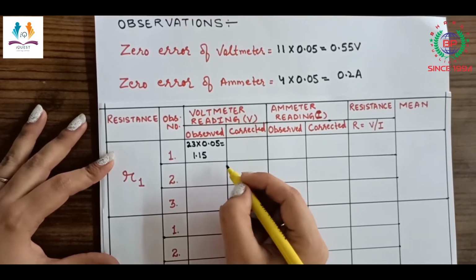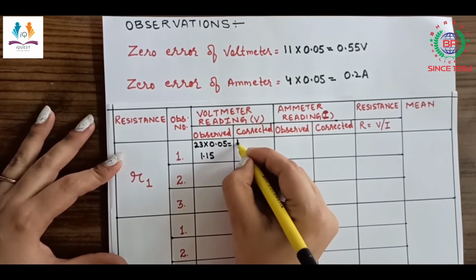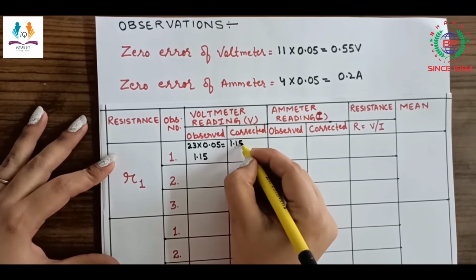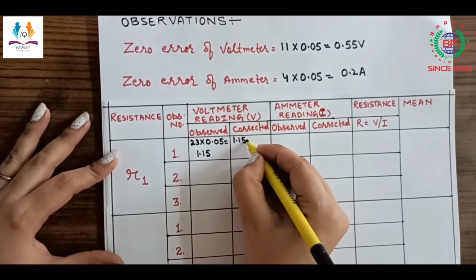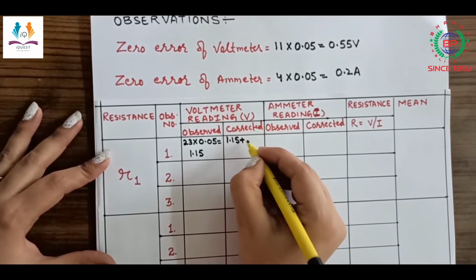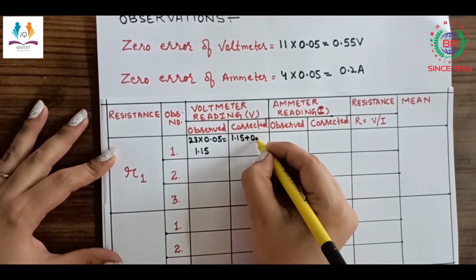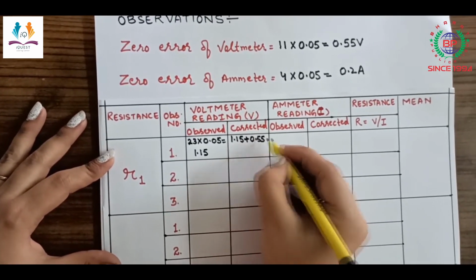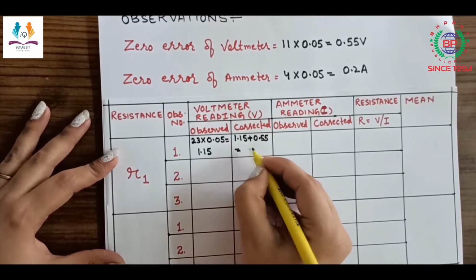Now to find out the corrected reading, observed reading, that is 1.15, plus the error in the voltmeter, that is 0.55, and it is equal to 1.7 volt.